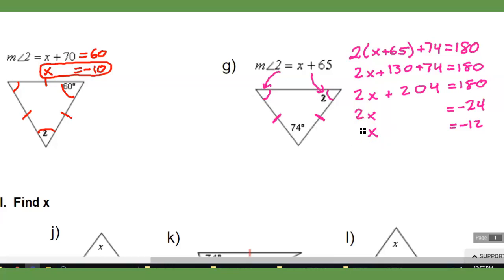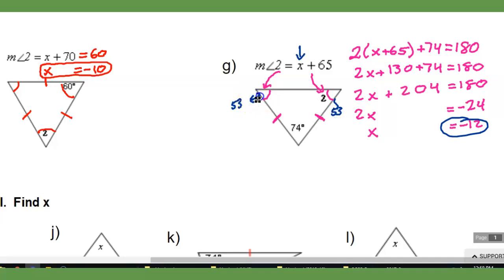Now the directions aren't really clear what it's asking you to do. Is it asking us to find x, or should we find the measure of the angle? All right, so this one, probably just to be sure, let's take our negative 12, substitute it in. So 65 minus 12 would be 53. So each of these would be 53 degrees.